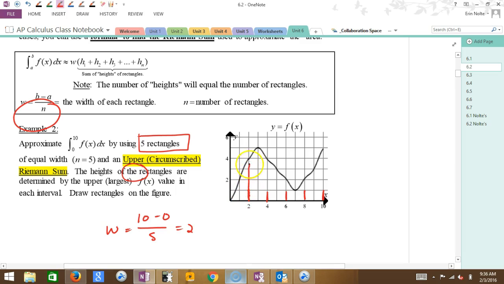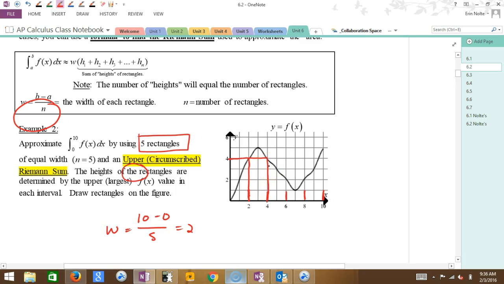So I'm going to go up to the corresponding y value, which is up at 4. Then from 2 to 4, the upper value is 4. So I go up till it hits 4. That height is exactly the same as the 2 height, so we're going to use that rectangle.